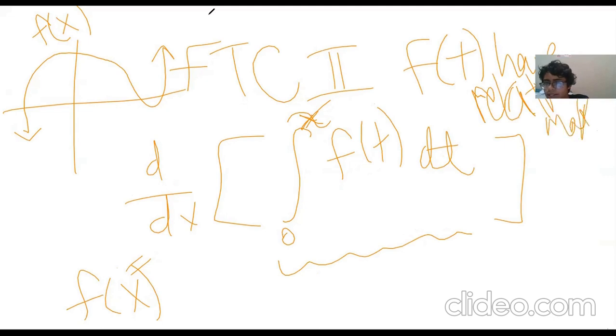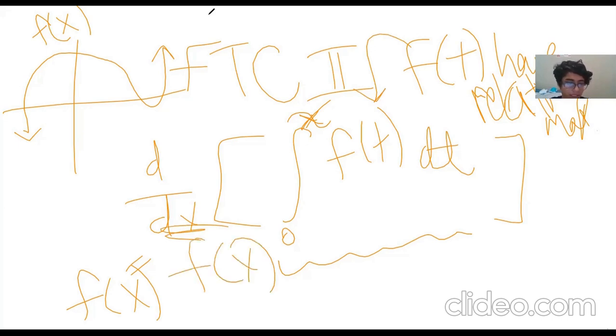And you're asked this question, and then if you want to say, okay, where does it have relative maxima? In Cal 1, the immediate thing you did was take a derivative. And you see it again, you have to take a derivative, but the derivative of this integral valued function will give you f of x, right?